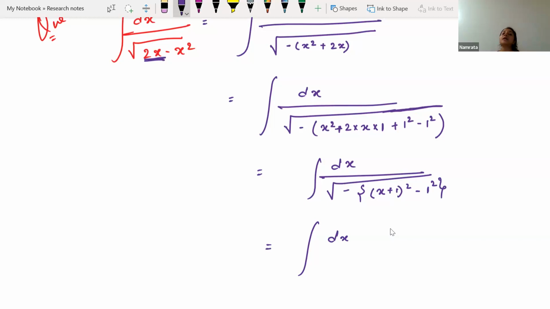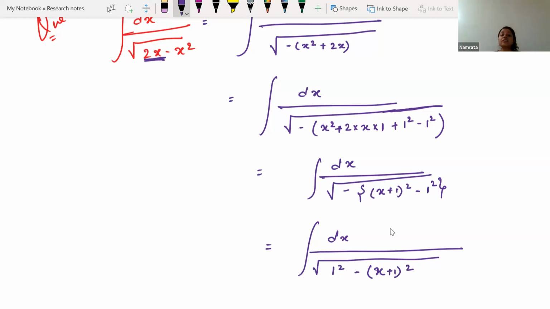Why have I taken out minus common? So that you can visualize the formula a square minus 2ab plus b square, or a square plus 2ab plus b square. We are making it a perfect square formula. Divided by, I am going to write it as 1 square minus x plus 1 whole square.